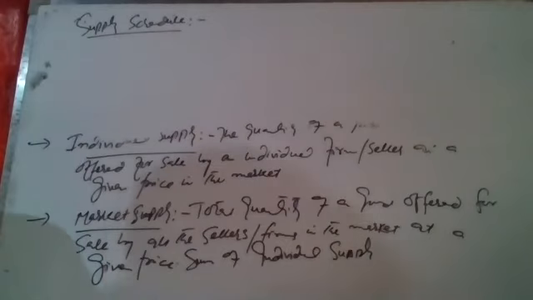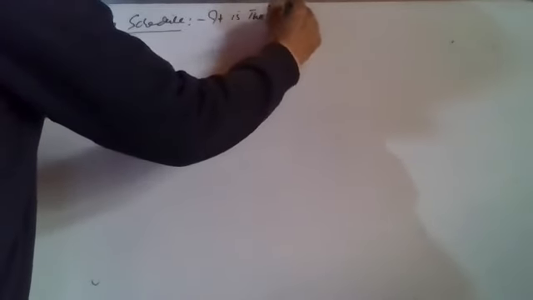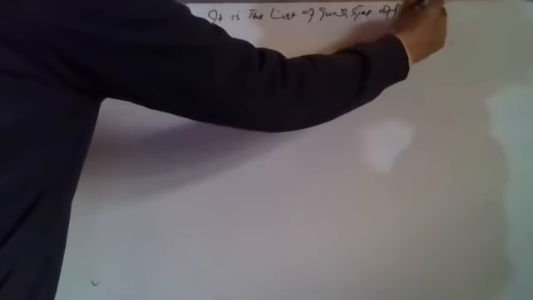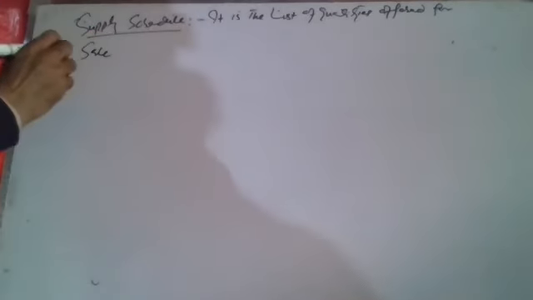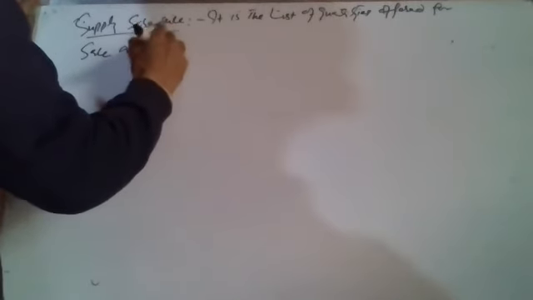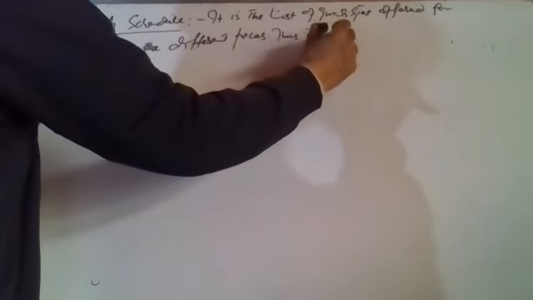The tabular form of different quantities offered for sale by the producers or sellers in the market is called supply schedule, or it is the list of quantities of a good offered for sale at different prices. Thus, it is tabular form.